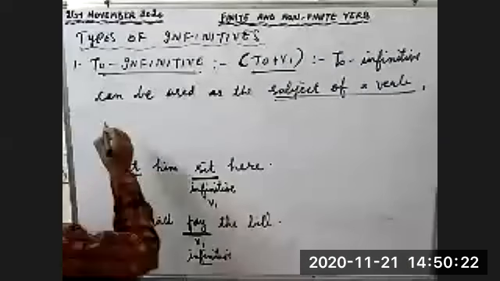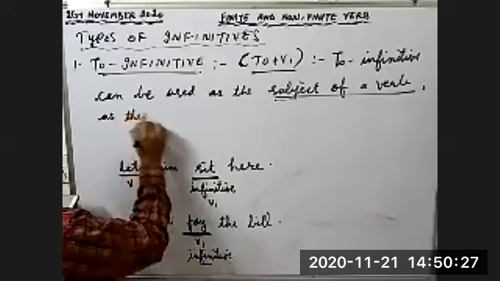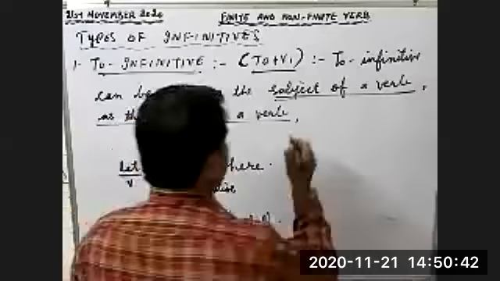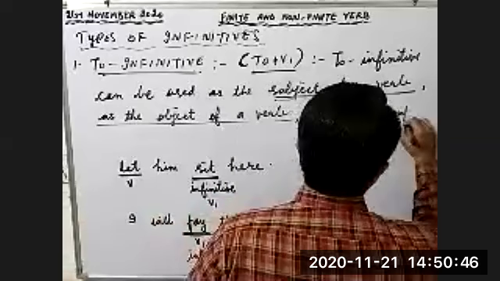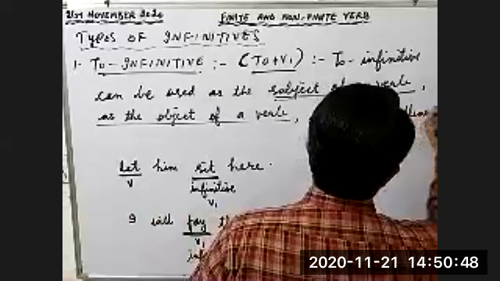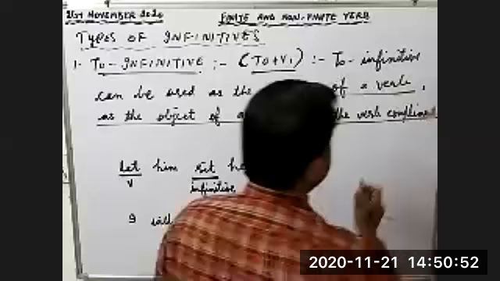As the object. Second use is as the object of a verb. Children will write examples also. When we write the examples, there I will tell you that to infinitive is used as subject, to infinitive is used as object. Third use is that it can be used as the verb complement.